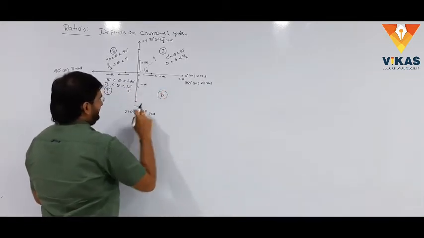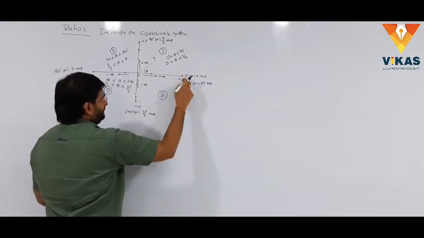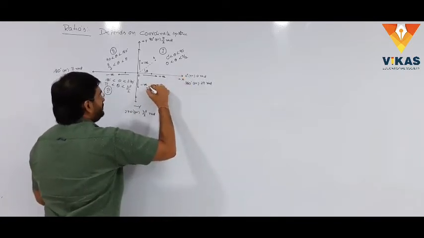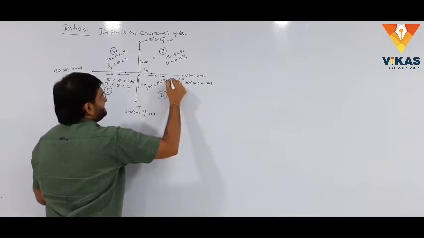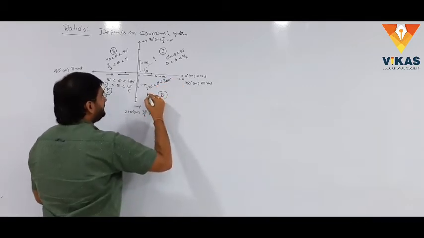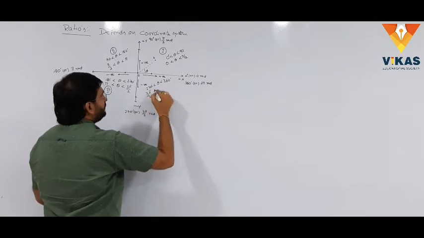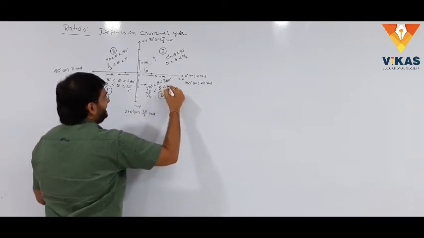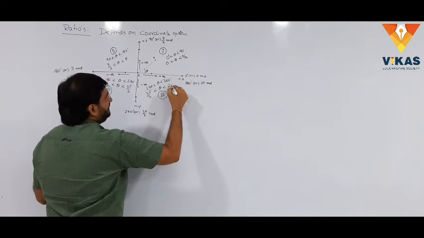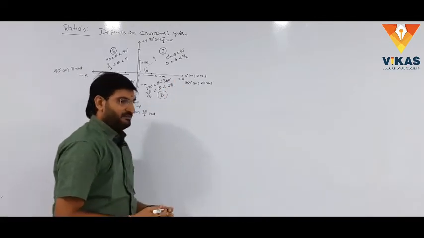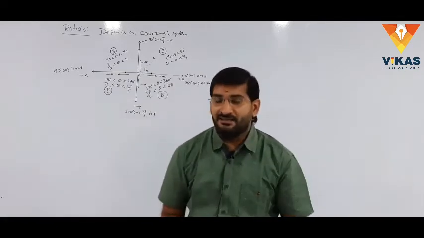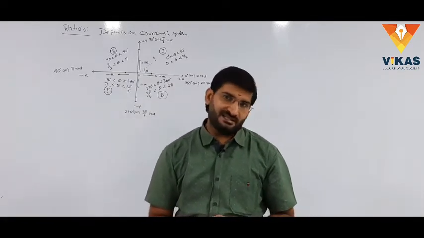Between 270 and 360, 270 degrees is less than theta, which is less than 360 degrees, or 3 pi by 2 radian is less than theta, which is less than 2 pi radians. This is the general measurement of the angles in the given coordinate system.